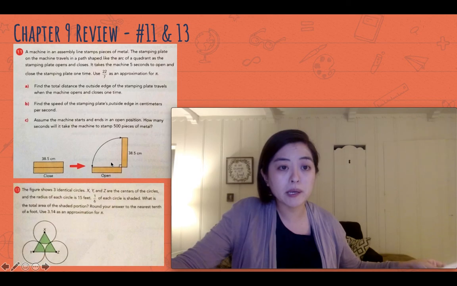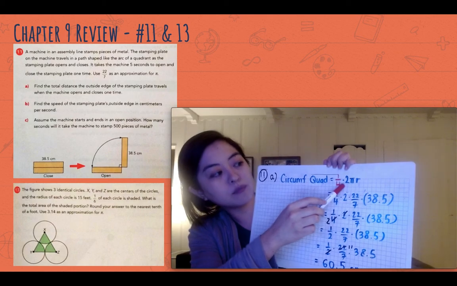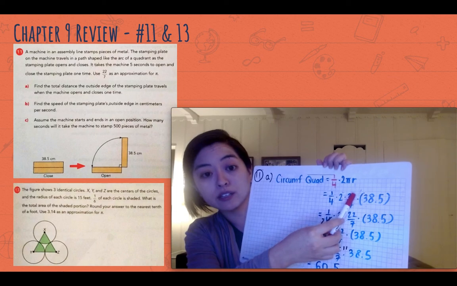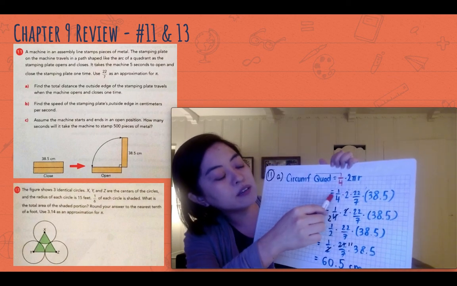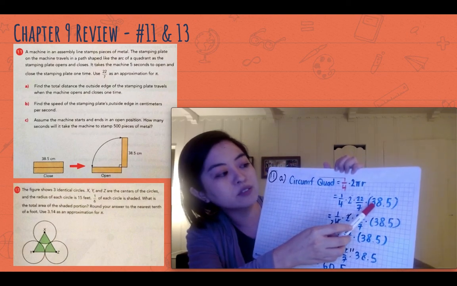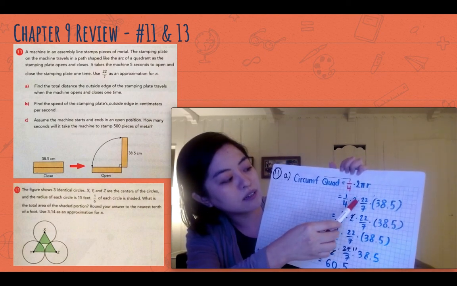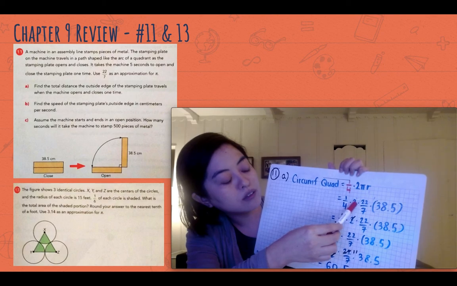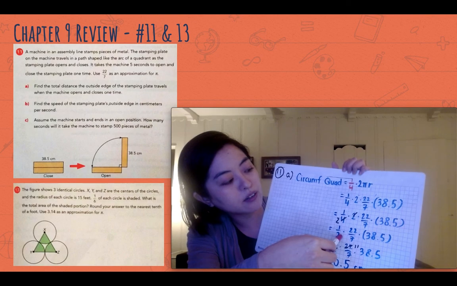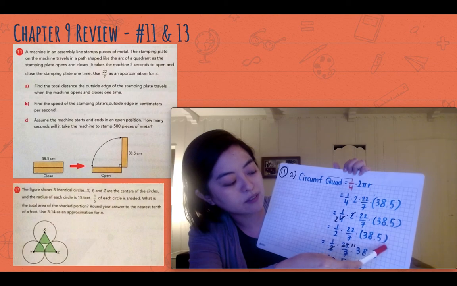And so for part A, the circumference of a quadrant is 1/4 times the circumference of a regular circle, and I'm using 2 pi r because we're given r. And so I'm inputting my value. So 1/4 times 2 times 22/7 as my approximation for pi times 38.5. And then I like this because 1/4 times 2 is just 1/2 over here. 1/2 times my approximation for pi times 38.5.